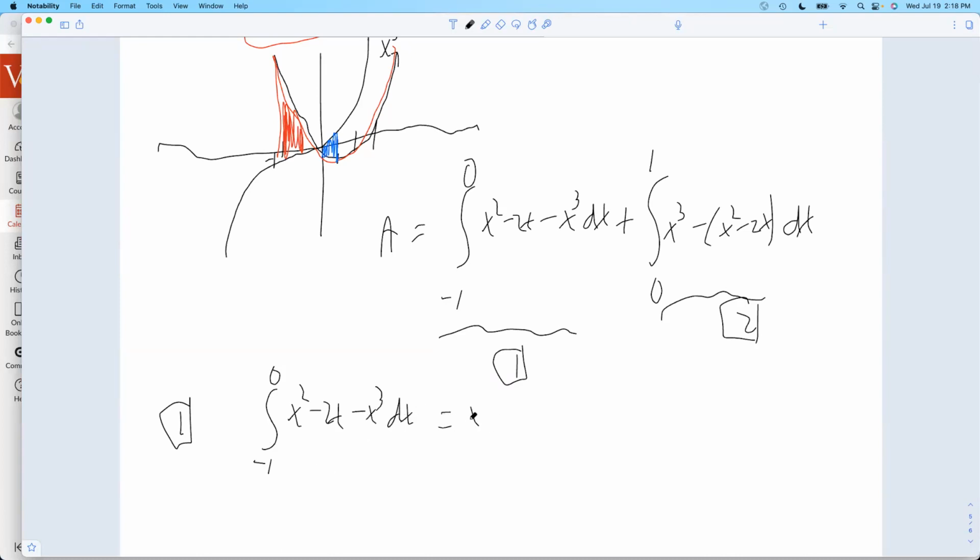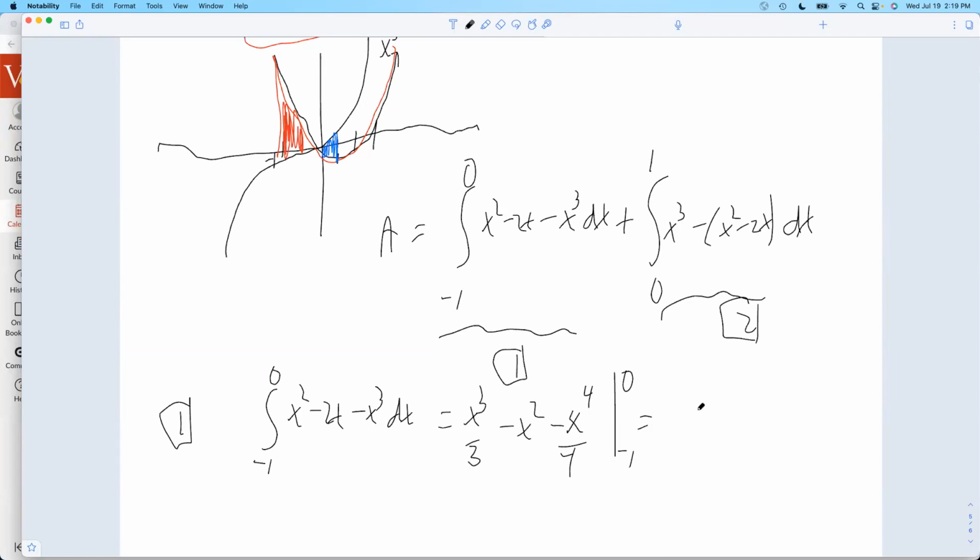So that will be x cubed over 3 minus x squared minus x to the 4th over 4, evaluated from -1 to 0. Check my work there. You should believe that this is the antiderivative of that. Now we plug in top minus bottom.